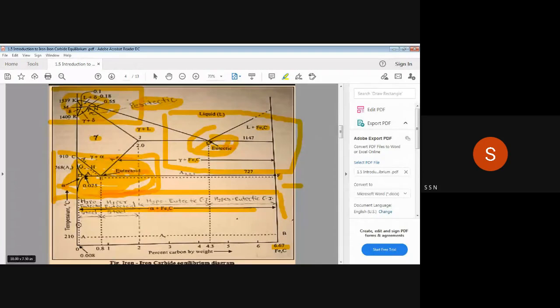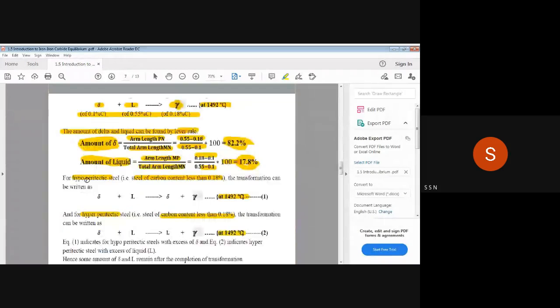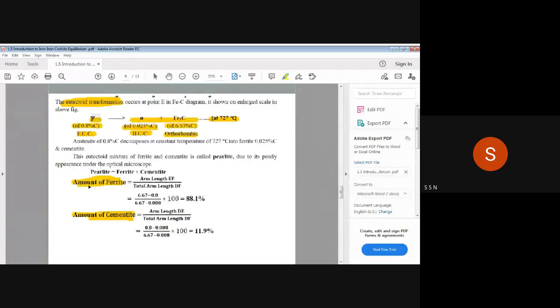Total arm length will be from D point पासूनची F point पर्यंतची arm length. And E point to F point will be opposite arm length for the alpha ferrite. So percentage of ferrite or amount of ferrite will be arm length EF divided by total arm length DF.